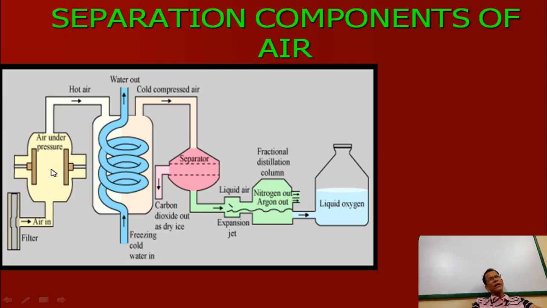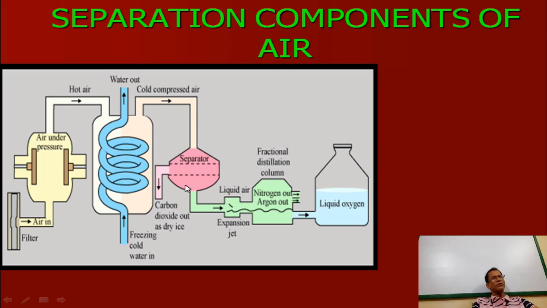Here all the air mixture will be taken in a chamber where high pressure is maintained. When it is compressed using a compressor, the air will become hot. Then the hot air will be allowed to pass to a chamber where cold water flows. When the cold water flows, the hot air will be condensed, and the condensed air again passes to another chamber.